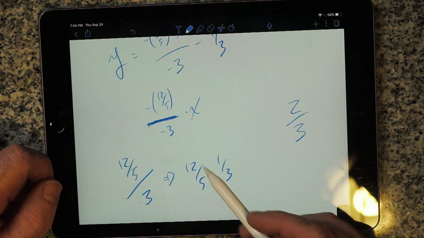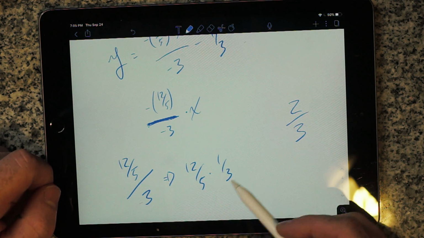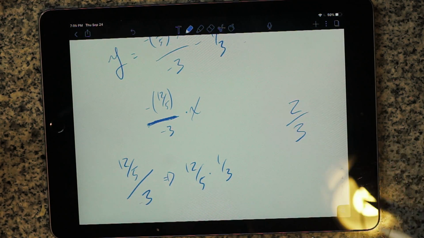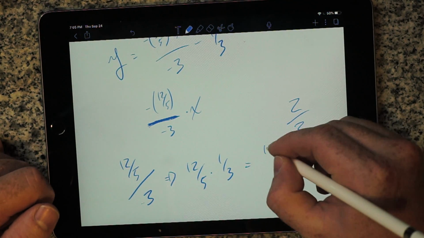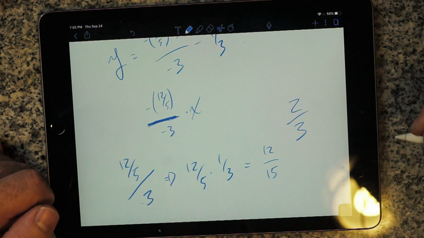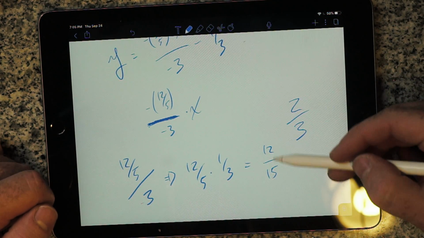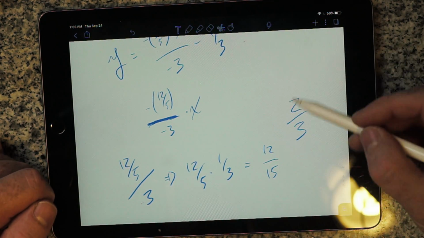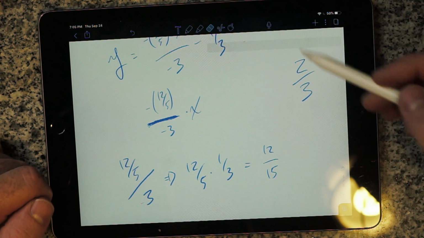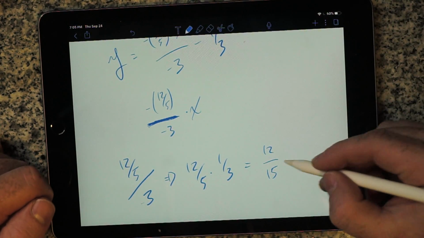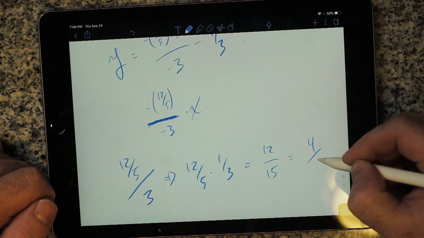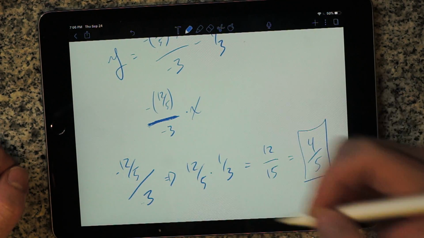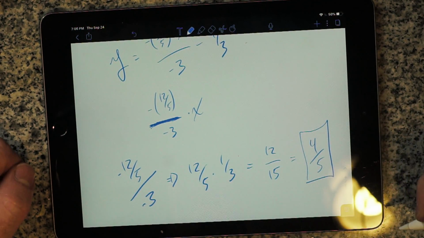So this is basically just the numerator, and then this becomes the denominator via multiplying by reciprocal logic. And then from here, we can just multiply straight across. And that says 12 over 15. Remember, our target slope was 4/5, not 12 over 15. But we can reduce this to our target slope. So I think we're good. Oh, and again, I think this was negative, so all the negatives should cancel out.